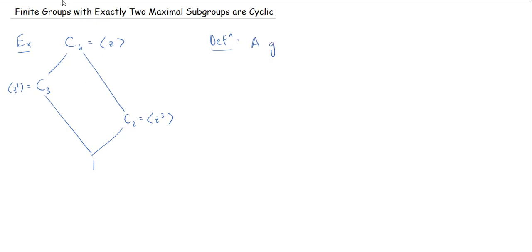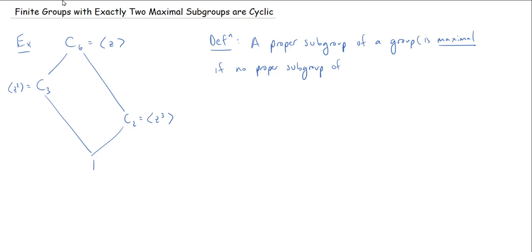A proper subgroup of a group is maximal if no proper subgroup of, well, let's give a name, maybe this is a group G. No proper subgroup of G, and maybe a proper subgroup M, properly contains M.